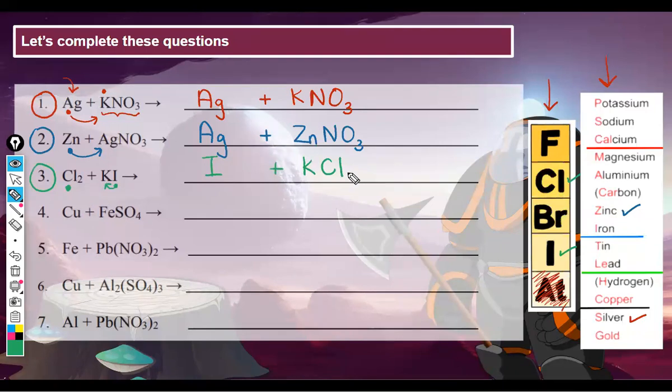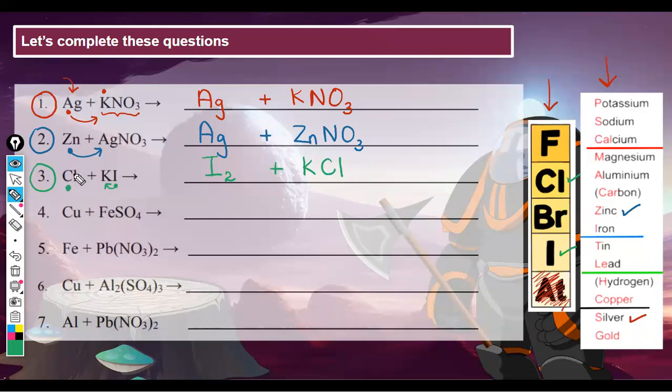Now, obviously, we have to balance this equation. For the time being, I'm not balancing it, but I just want to make sure everybody understands the concept there. If you attempt to balance it, iodine is diatomic, so it has to be 2 here.